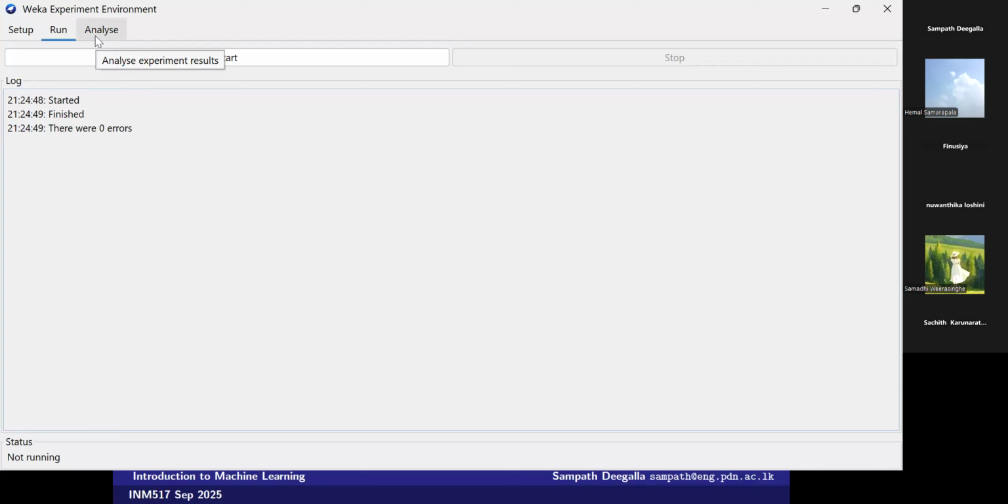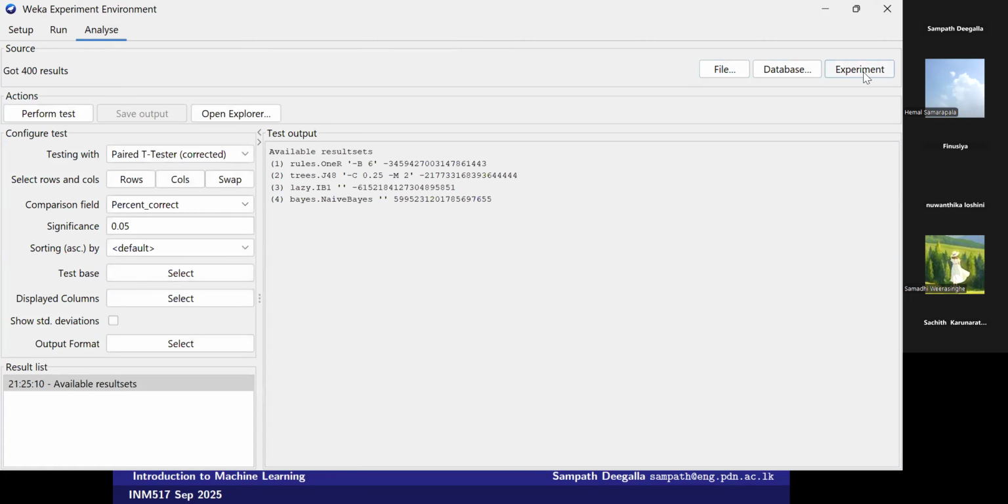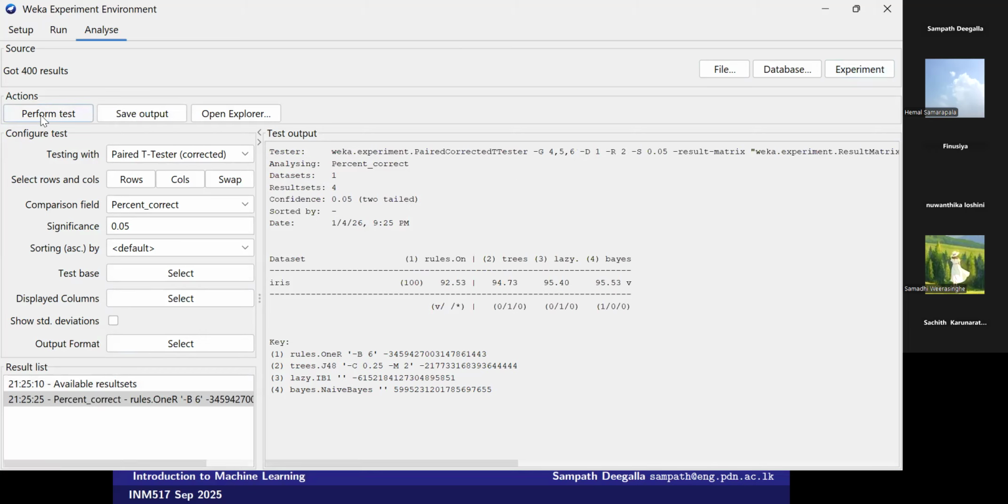Once you finish this, go to the Analyze tab. Again, theory I will discuss. Click Experiment, meaning I'm going to get the data from the experiment to analyze. Then I'm going to use t-test and perform test.